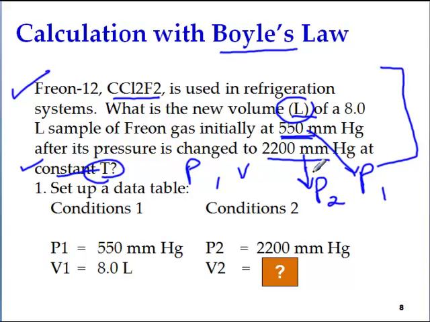Now let's look at the pattern between the 2. We have increased pressure. When you have increased pressure, what do you expect to the volume? It should go down. Once you have isolated all this information, you set up a table in which you isolate each of the quantities required. Once you have done that, it becomes a lot simpler to apply a mathematical equation to it.